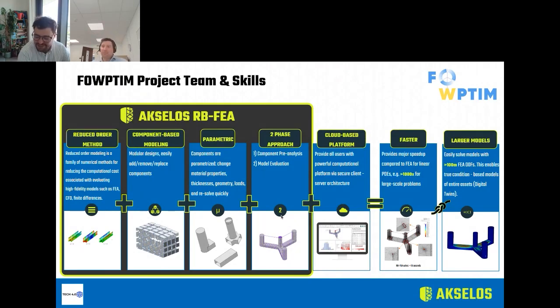So what's different with Akselos models? At their core, I think the key takeaway compared to conventional models is that we can get FEA simulations in 1,000th of the time of conventional FEA. How do we achieve that? It's the slide I'm presenting here. But in terms of the user workflow, it's actually not much different.